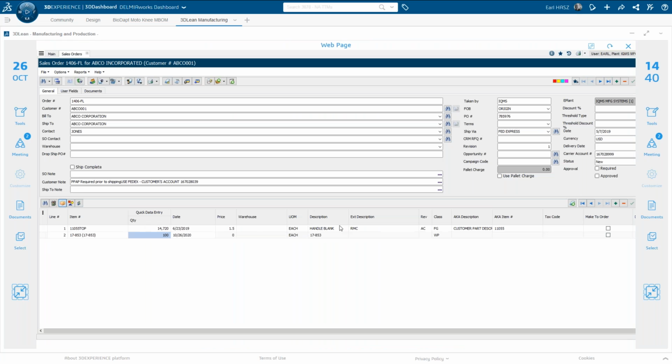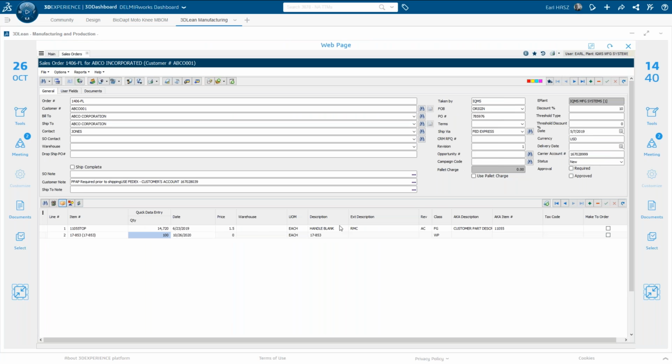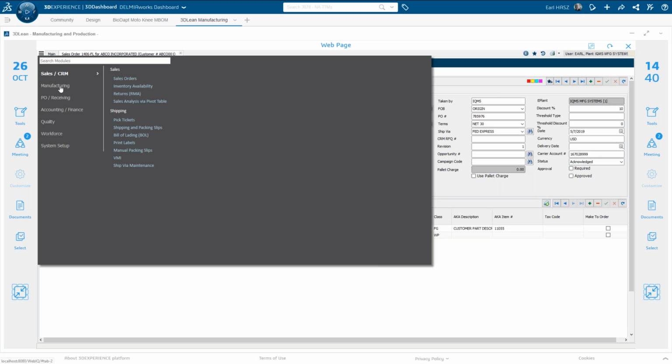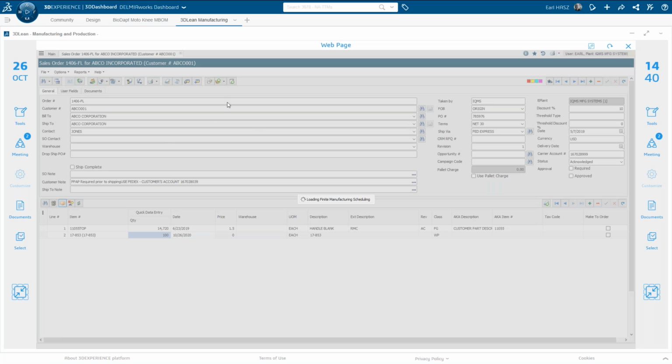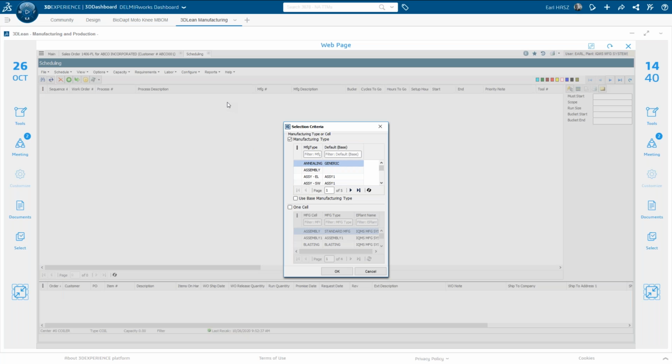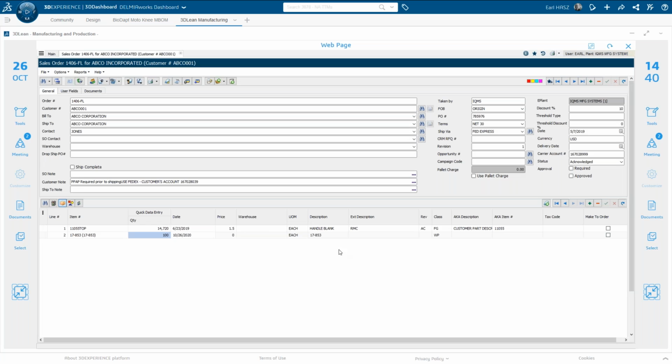So in this process, I generated a PO from ABCO, and once that becomes an approved PO, then the system goes through, and as a manufacturing engineer, I either have it done automatically, or occur periodically through the day, or manually. I would go in and regenerate or have the MRP engine run.